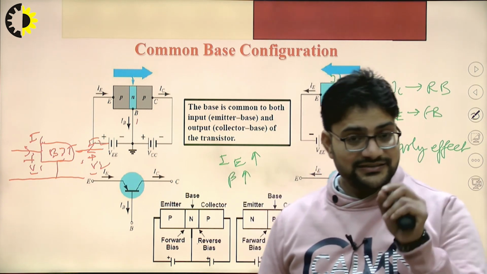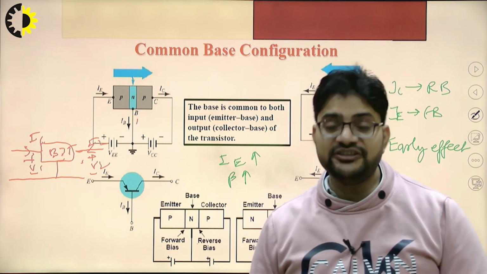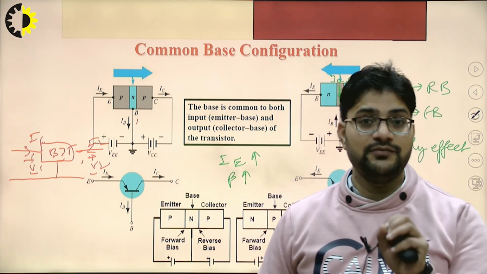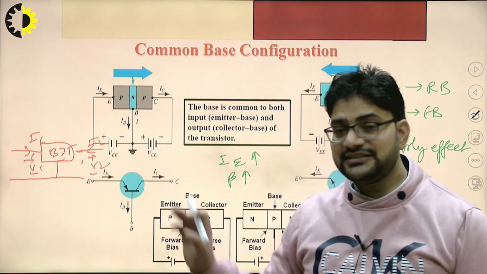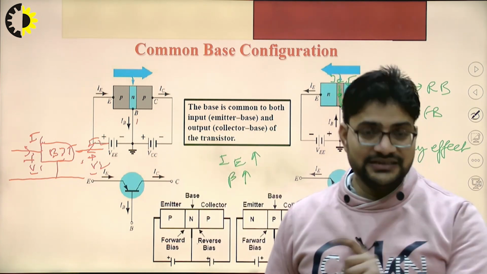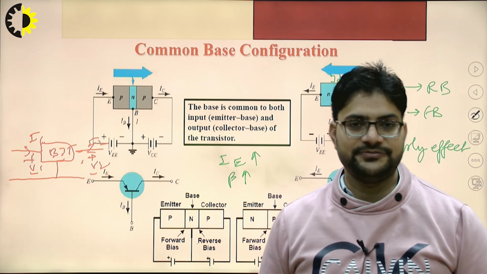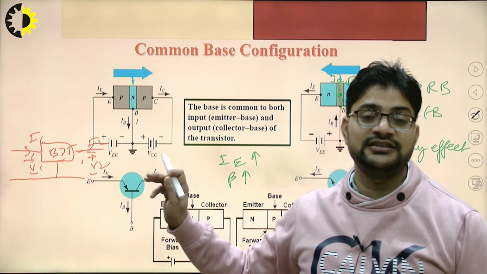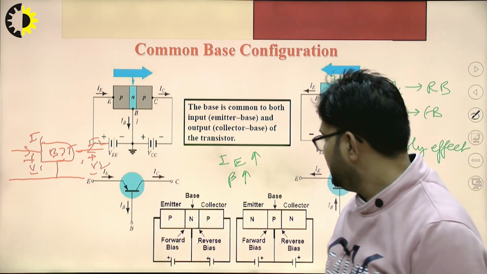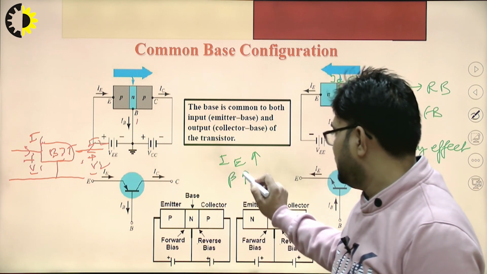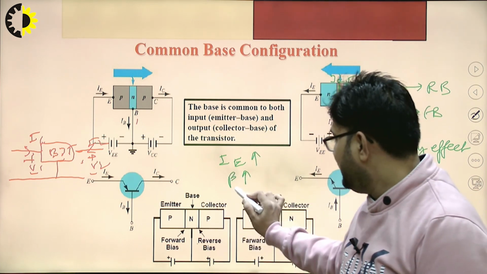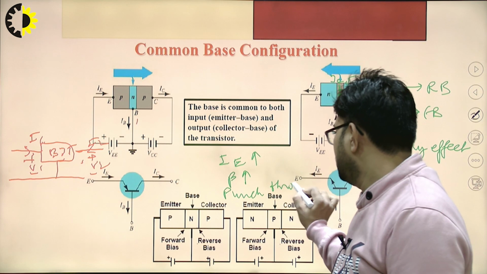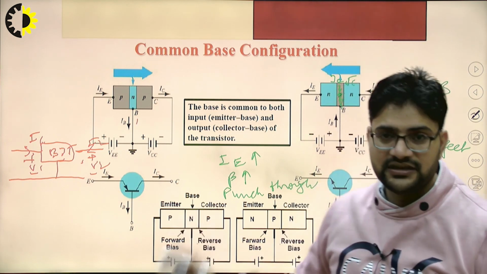Although a high beta value is beneficial, it should be set during manufacturing only. If it is increasing due to the change in the parameter value, then it is not beneficial. This will cause instability in the circuit, right? So beta value increases, IE, that is emitter current, increases, and third is punch through. So these are the three major effects of the early effect.